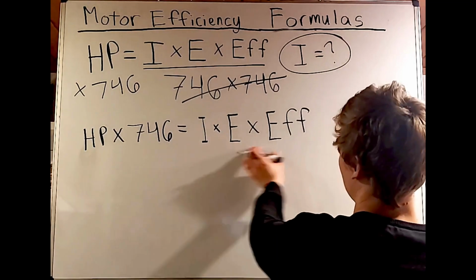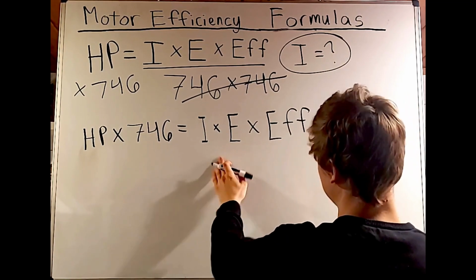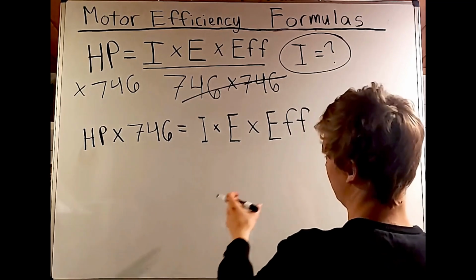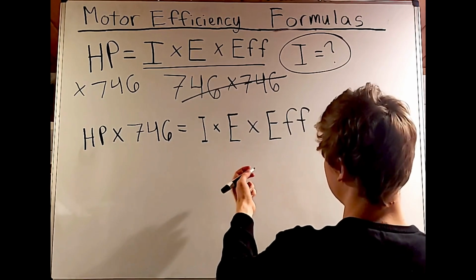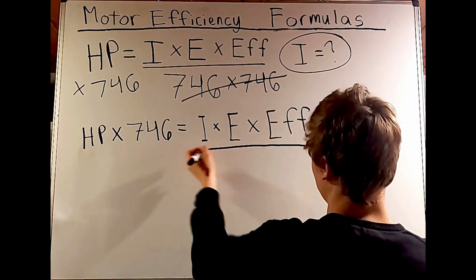Since these are all being multiplied together, they can be rearranged in any way. And we can divide by any one of these, not only that, but we can divide by any grouping of these things being multiplied.